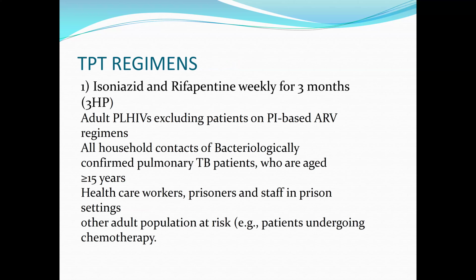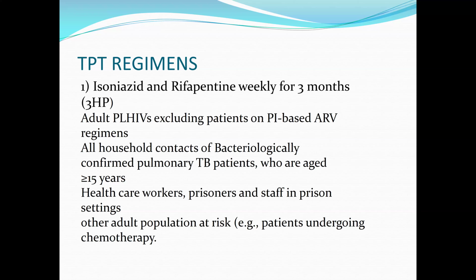In our country, we have guidelines for programmatic management of tuberculosis preventive therapy, with 3 main regimens. The first regimen is isoniazid and rifapentine, a weekly dose for 12 weeks, which is 12 doses. The indications are adults and people living with HIV, excluding people who are using protease inhibitors in their ARV regimens, because rifamycins reduce the effectiveness of these ARVs.